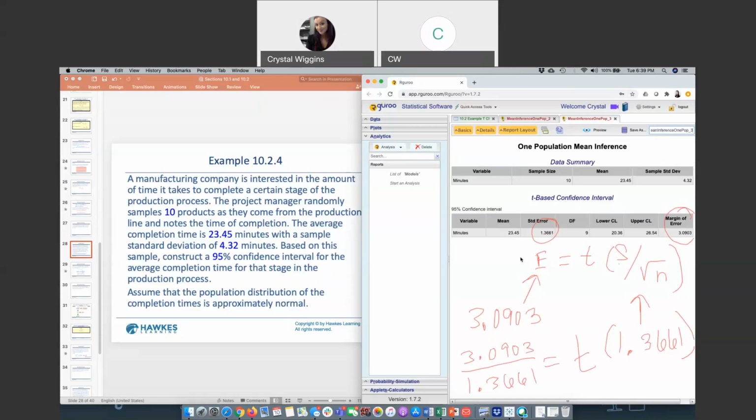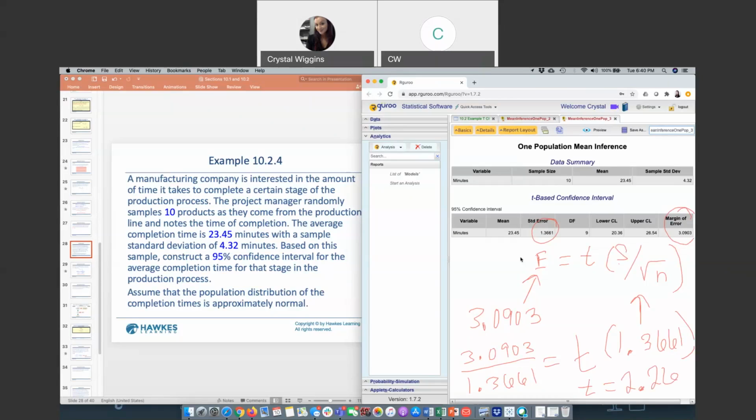So if I put that in my calculator, because Hawks Learning again is asking me for that, I type in 3.0903 divided by 1.3661, and I would say my critical value t is equal to 2.26.